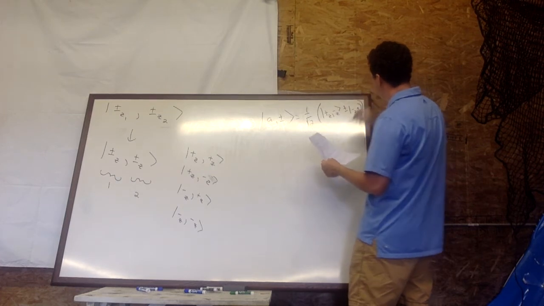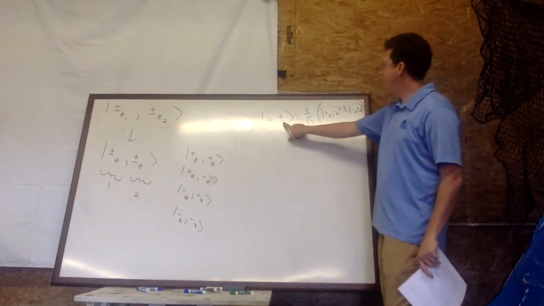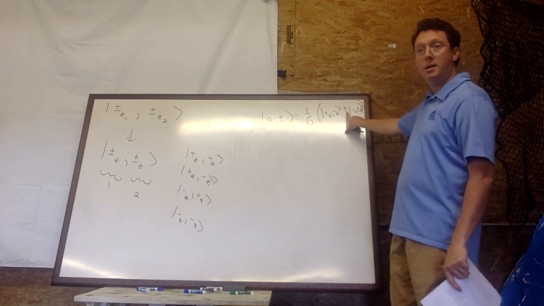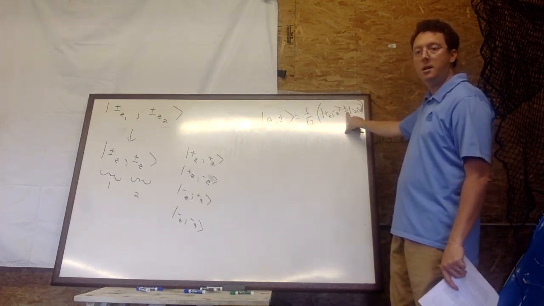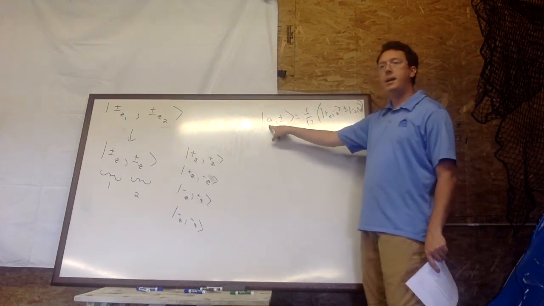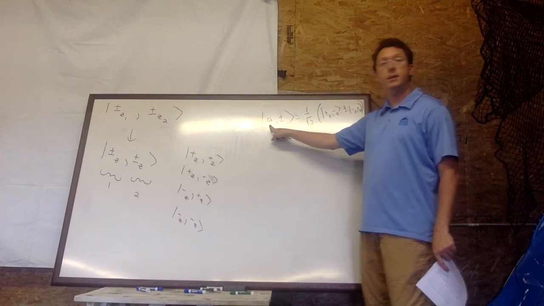Sorry for the board spacing. This plus or minus has to do with the minus sign in the superposition. The reason I used A as the label is it stands for anti-correlated.